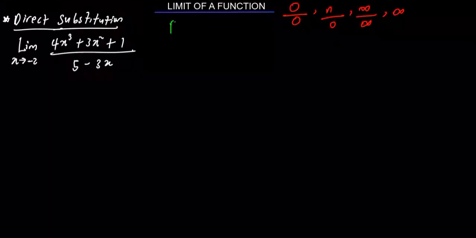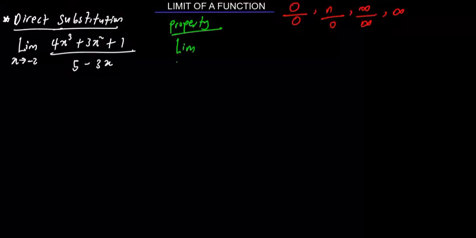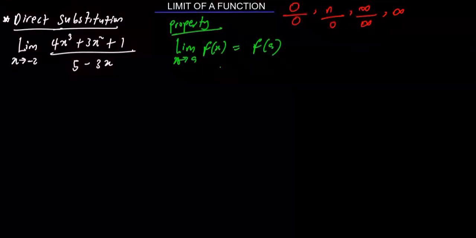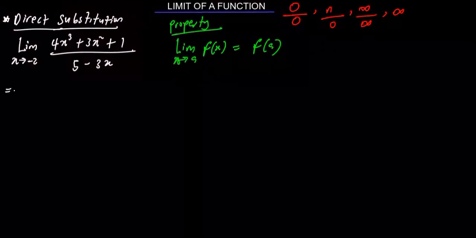The property of direct substitution is that if I have the limit as x tends to a of f of x, our answer is f of a. You see the property? Good. It means that you are going to substitute the value of x inside this limit. Let me show you step by step.